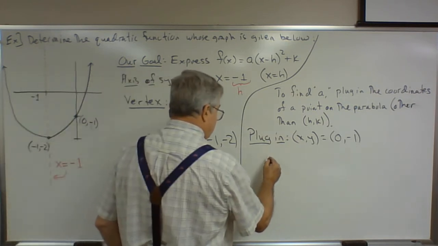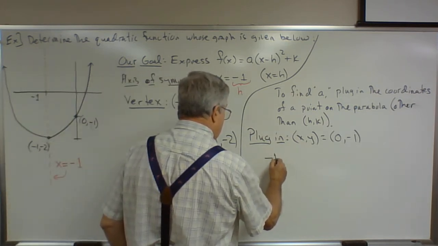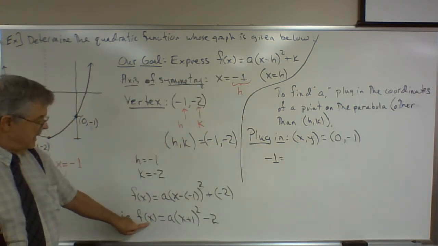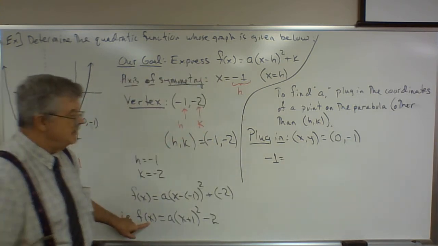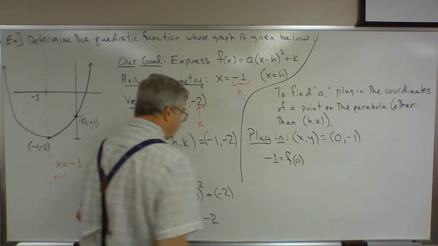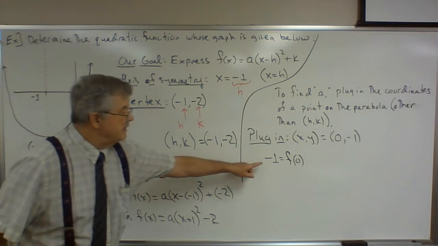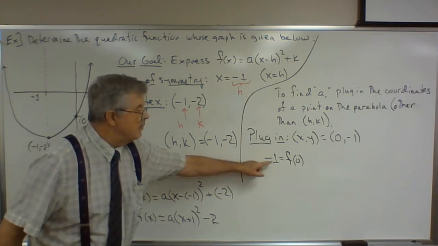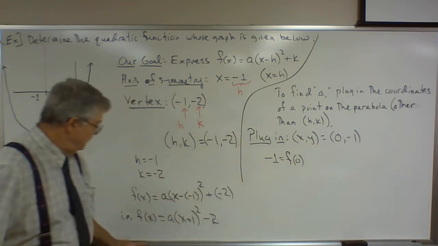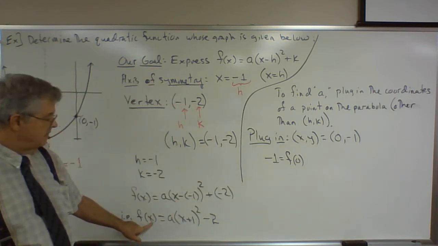And we'll do it this way. The y-coordinate, -1, is equal to f evaluated at x equals 0. You see that? So we've taken -1 and plugged it in for y. And we've taken 0 and plugged it in for x.